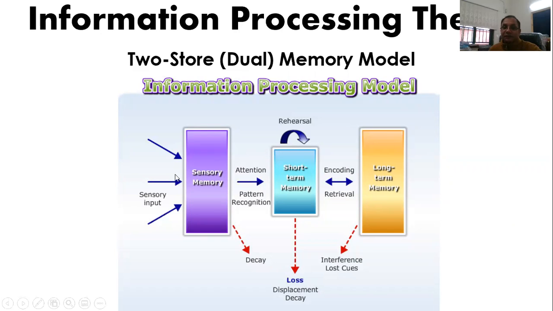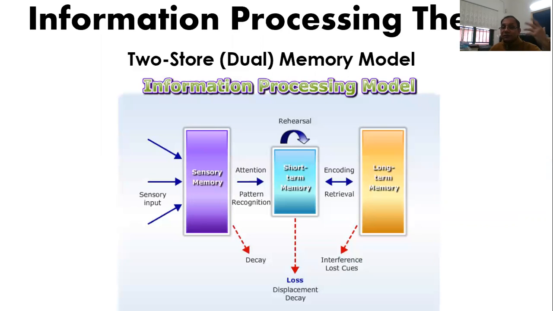We receive information through sensory memory, which is input around us, when we hear something, when we watch a video, we listen to a teacher, we listen to news, we read a news report, a magazine report, or maybe a research journal.